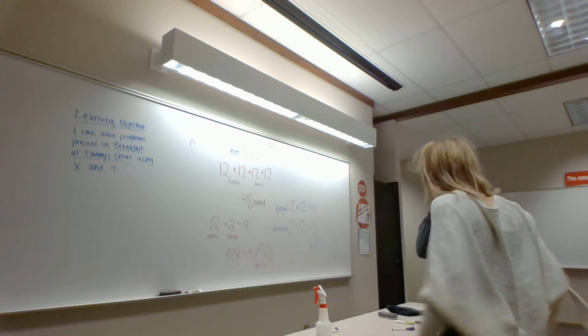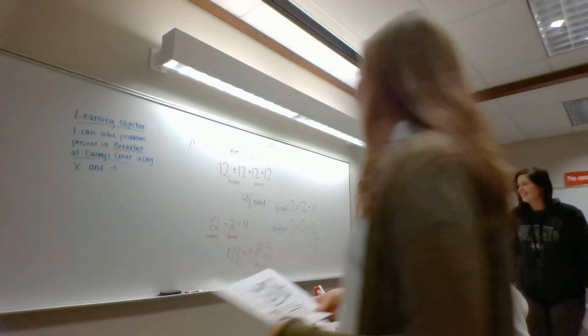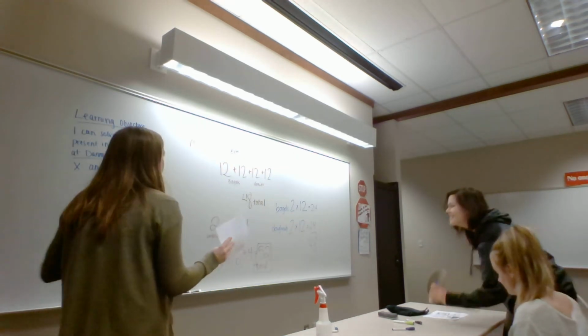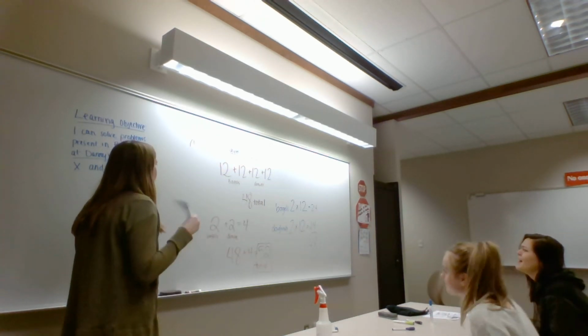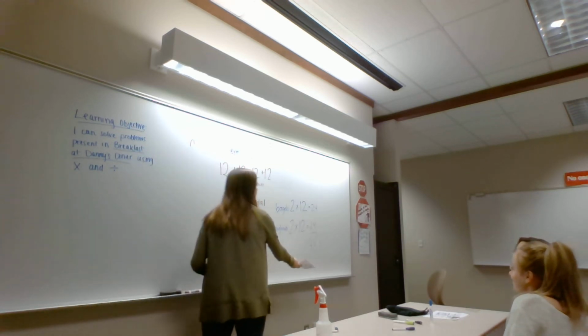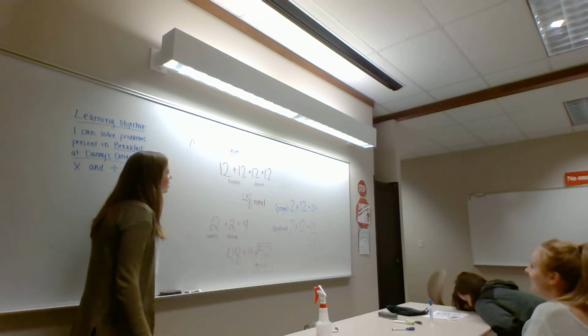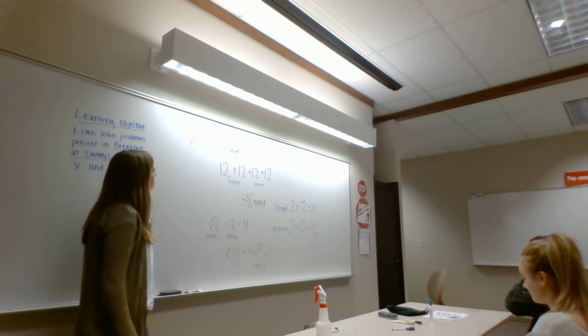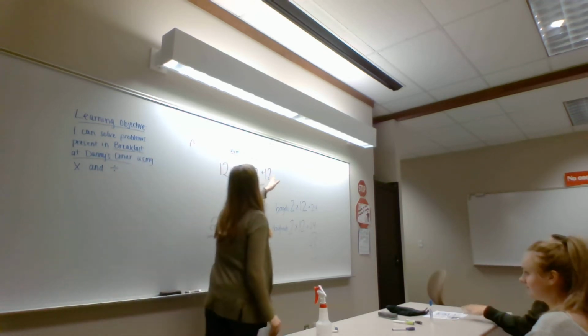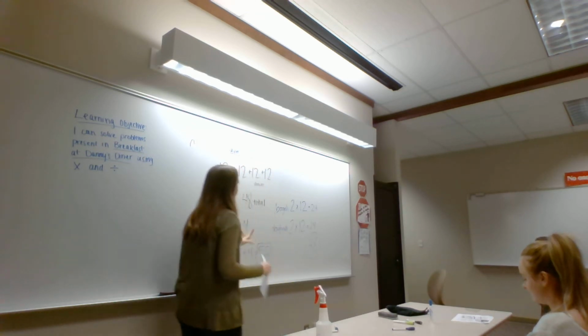Okay. All right. So first of all, I would just like to tell you guys that you did so good working through this problem. And look how different your minds were. Your brains work totally differently. So that's really cool. So first of all, let's talk about this right here. 12 plus 12 plus 12 plus 12.